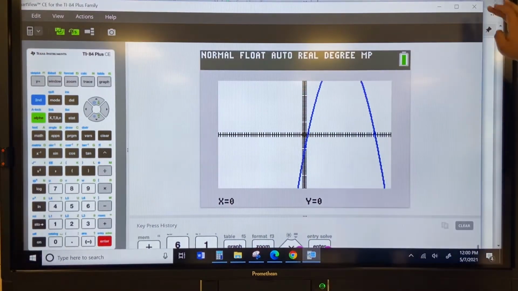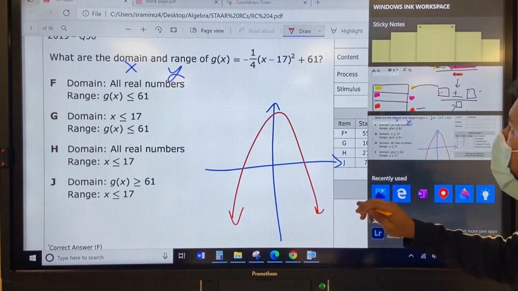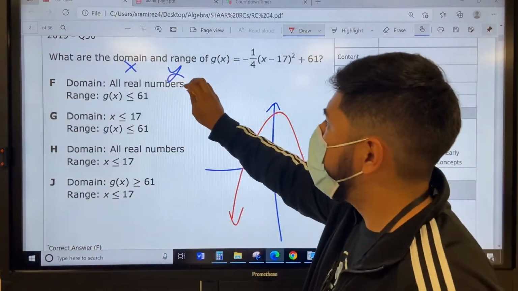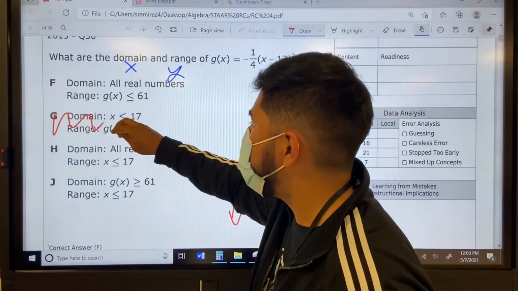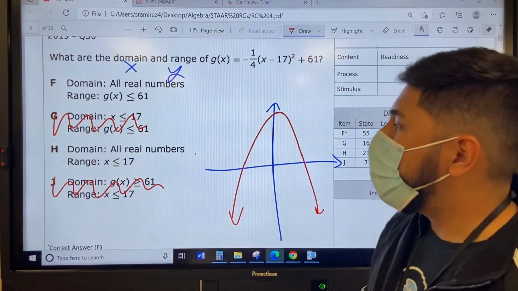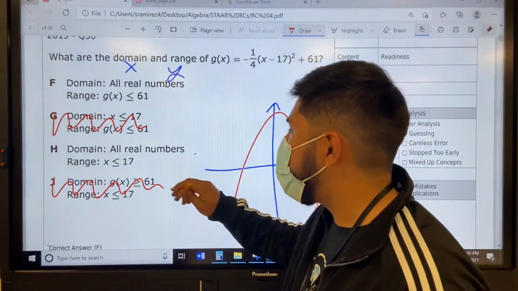Let's check it out. Okay. Domain, all real numbers. Boom, boom. So I can cancel out G, and I can cancel out J. Next, we can even keep moving it forward and we can cancel out H.